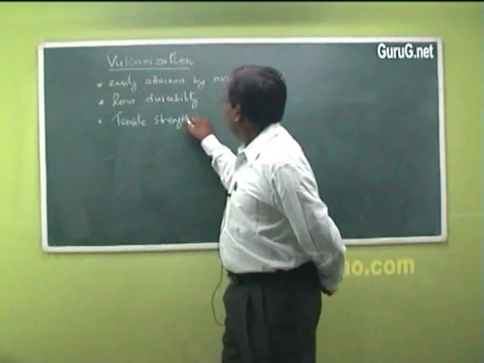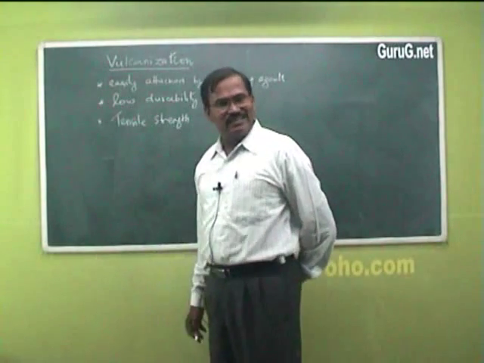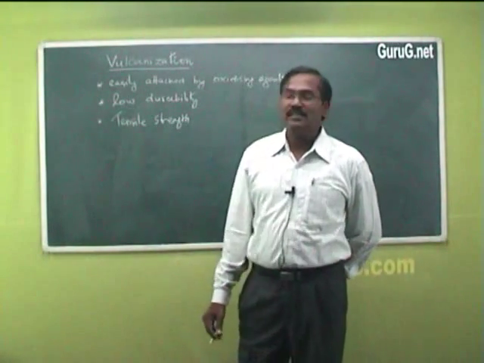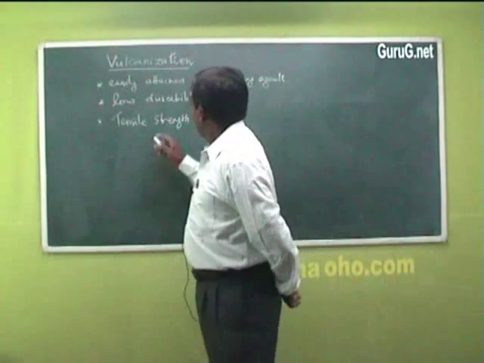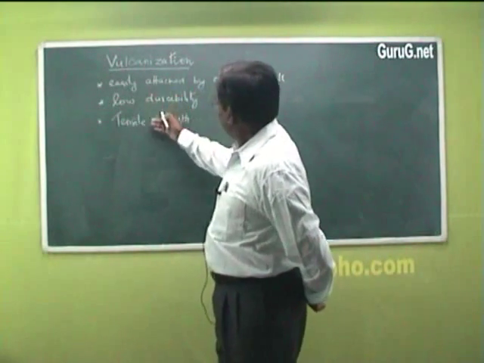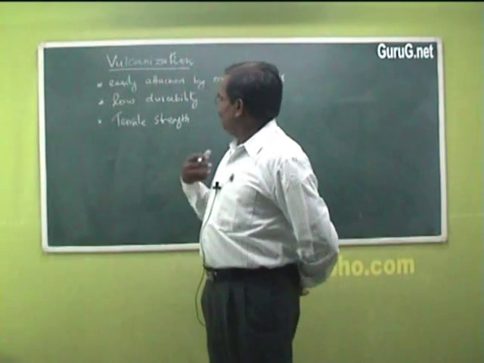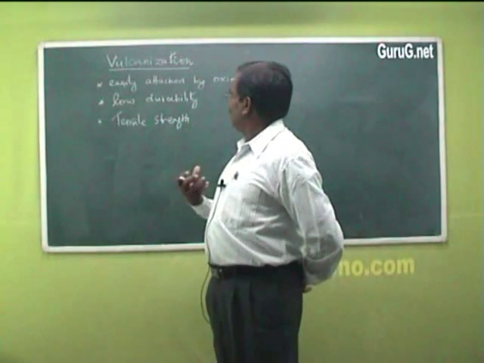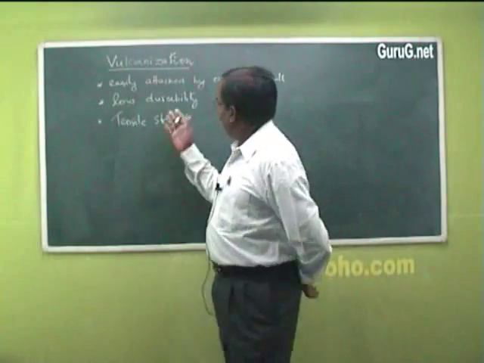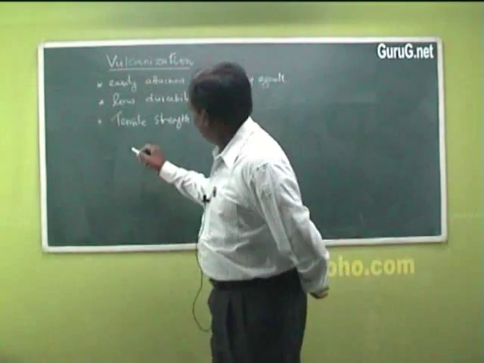For any rubber, the tensile strength and mechanical strength are important. But the raw rubber has very low tensile strength, and thereby the article which we are making with that rubber will have low durability.